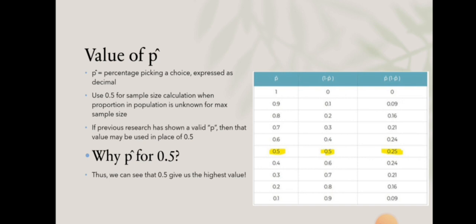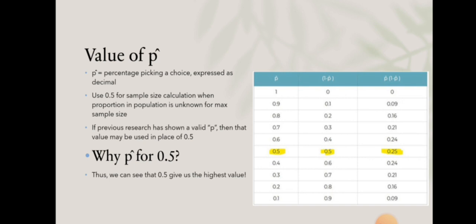P represents the percentage of picking, then 1 minus P, and P times 1 minus P. Look at the value of P. P starts from 1 down to 0, as shown in column P: 1, 0.9, 0.8, 0.7, 0.6, 0.5, 0.4, 0.3, 0.2 and 0.1.